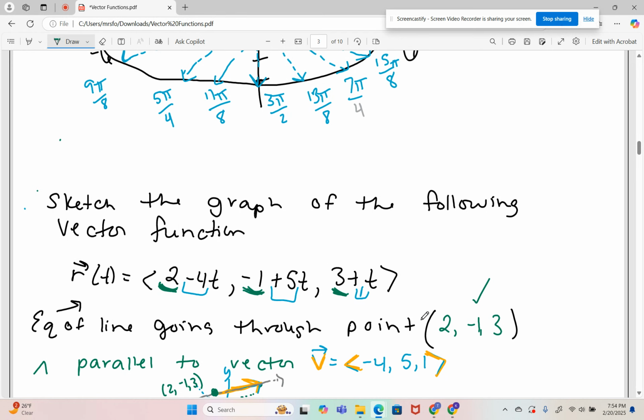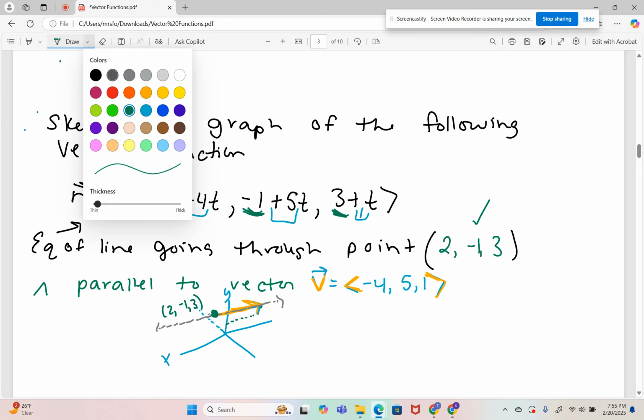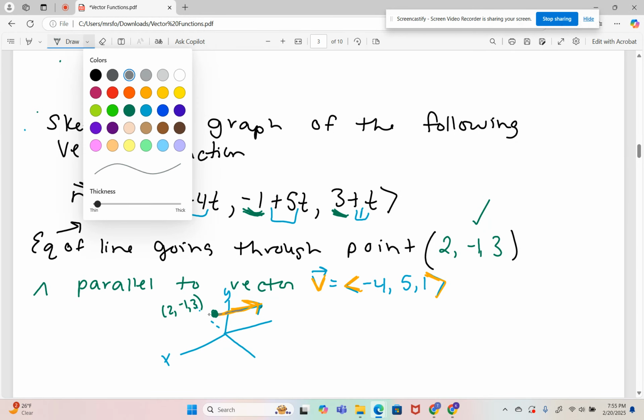So I first start with plotting the point 2, -1, 3. So I went and I graphed 2, -1, 3. So to kind of show you what I did, I'm going to erase part. So this wasn't there. I went ahead and graphed my point. Then I graphed my vector.